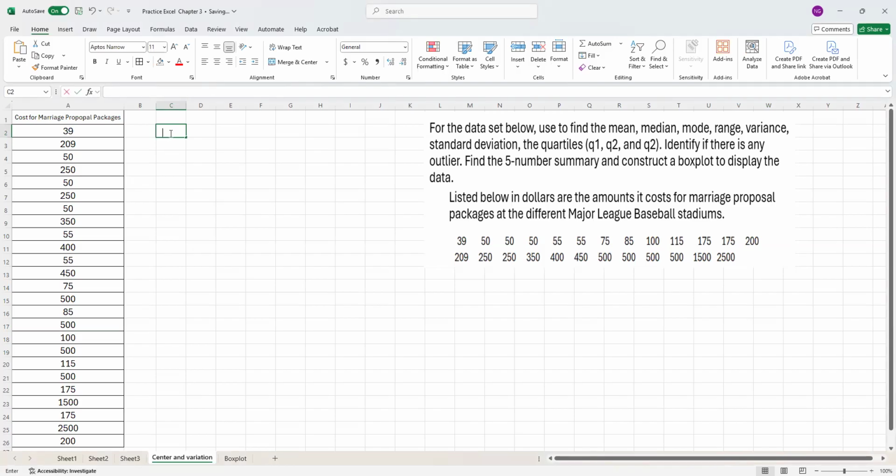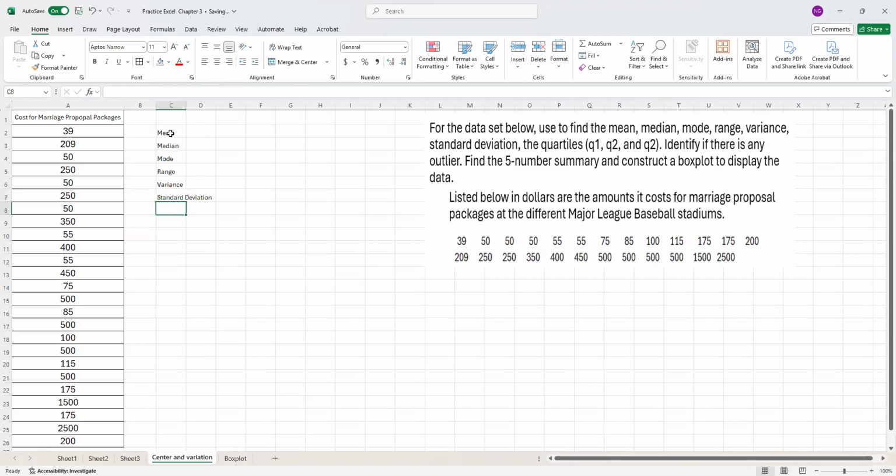If you want to find the mean, we can type mean, median, mode, range, variance, standard deviation.